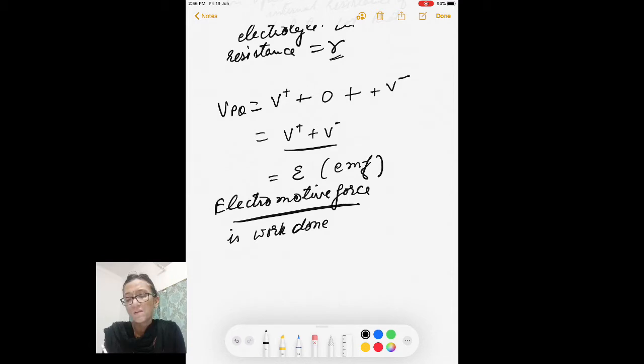Now this work done is not of electric nature, though it is numerically equal to potential difference.